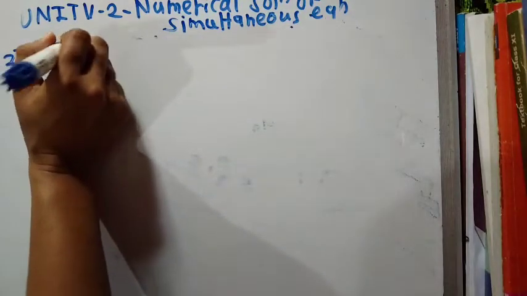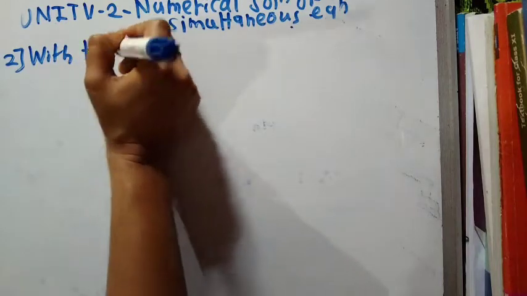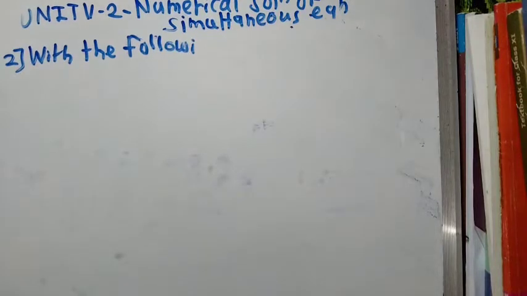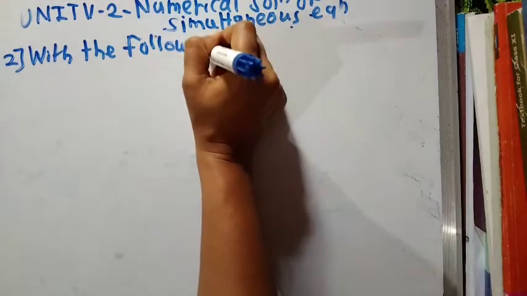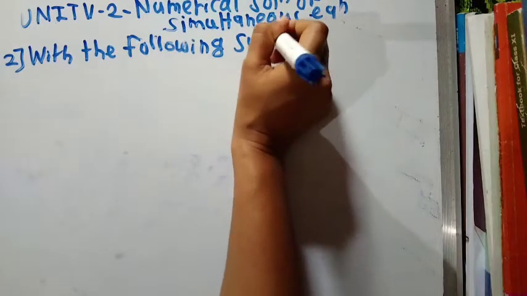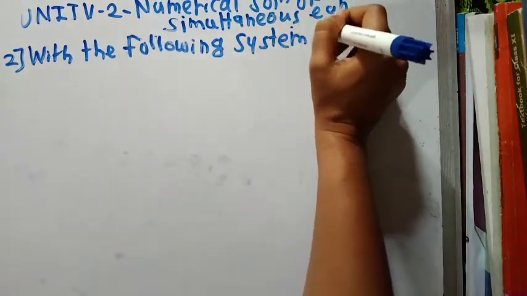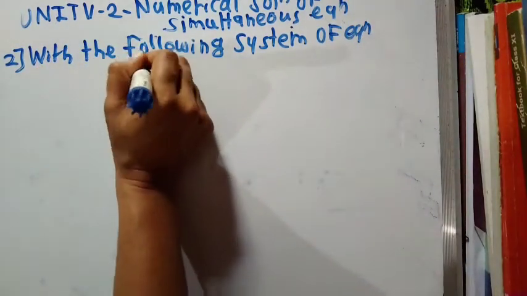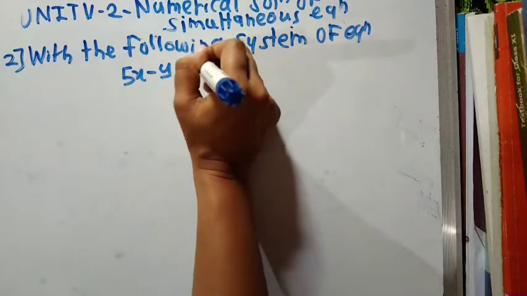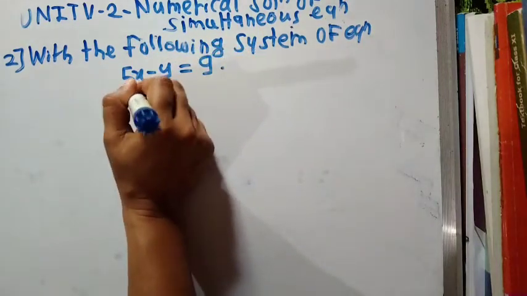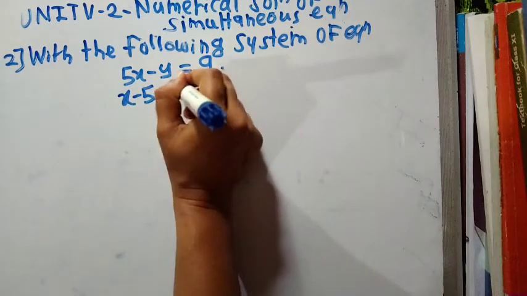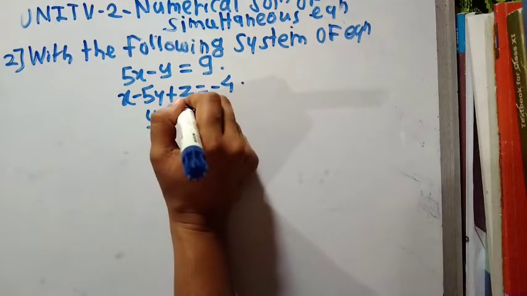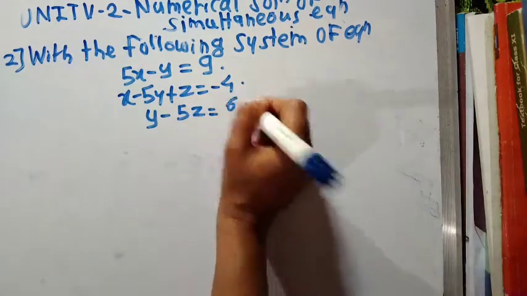With the following system of equations, 5x minus y is equal to 9, x minus 5y plus z is equal to minus 4, and y minus 5z is equal to 6.